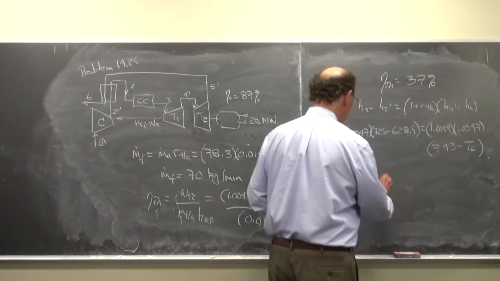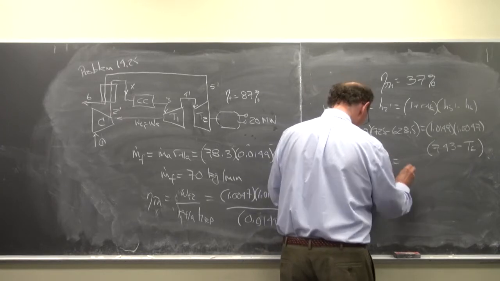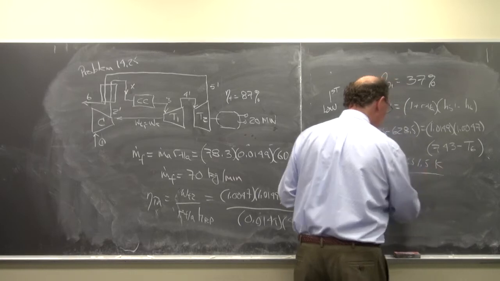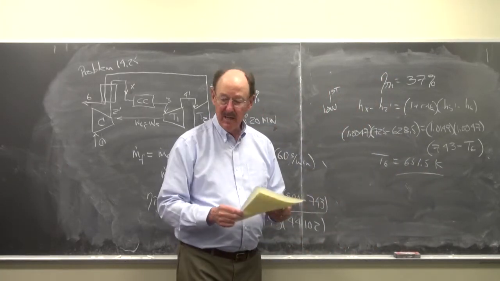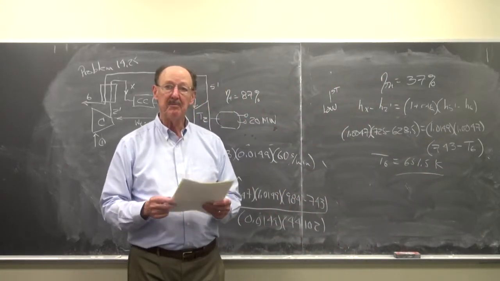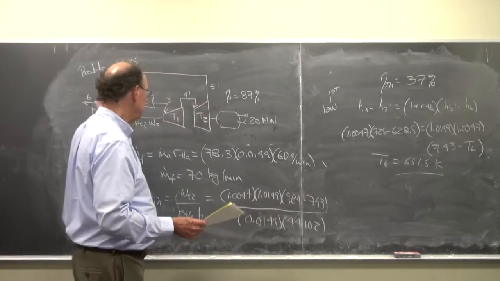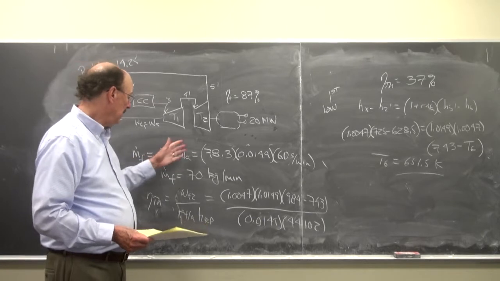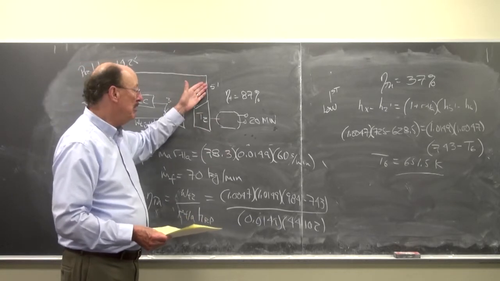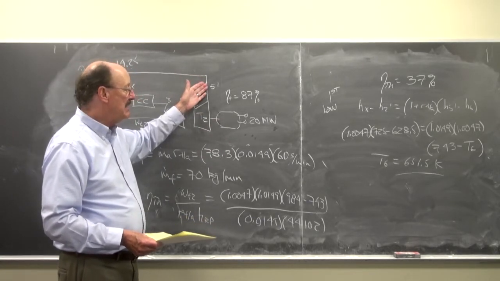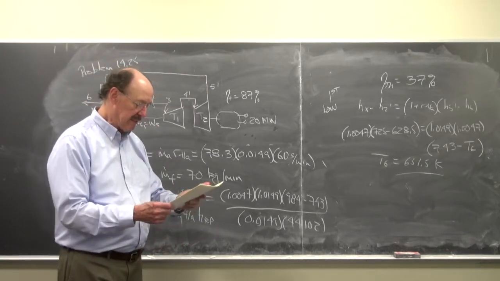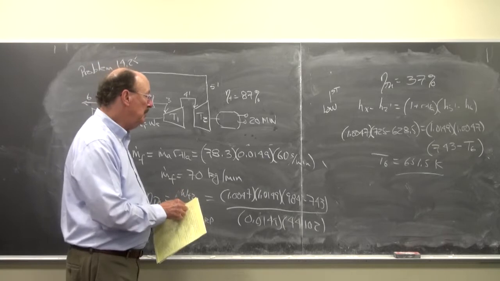I solve for T6 at last. T6 is equal to 651.5 degrees Kelvin. So we're able to find the actual exit temperature leaving, and some of the energy that would have been at T5' has now gone into the air. So we've used that effectively for regeneration.